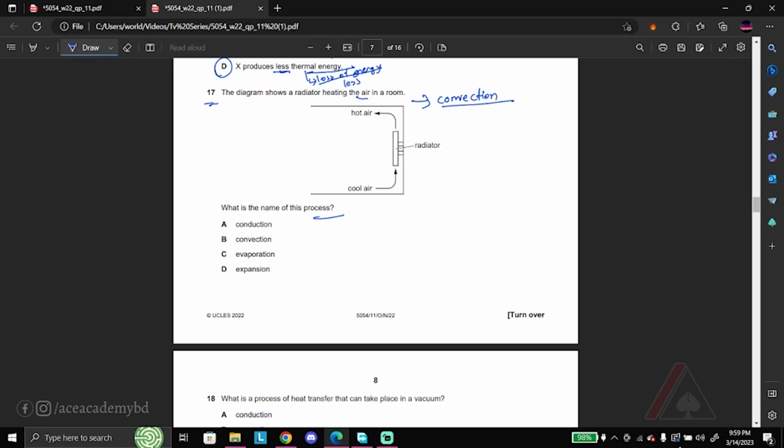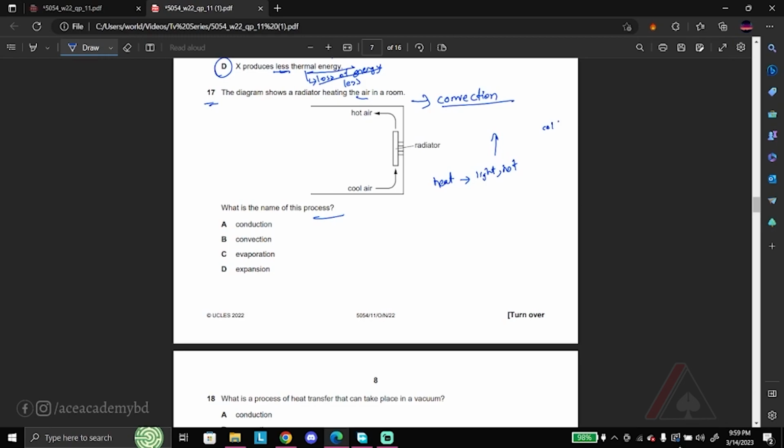Now, if we recall, convection is what occurs when the heat source heats up the air in front of it, making it light and hot, which causes it to move upwards.